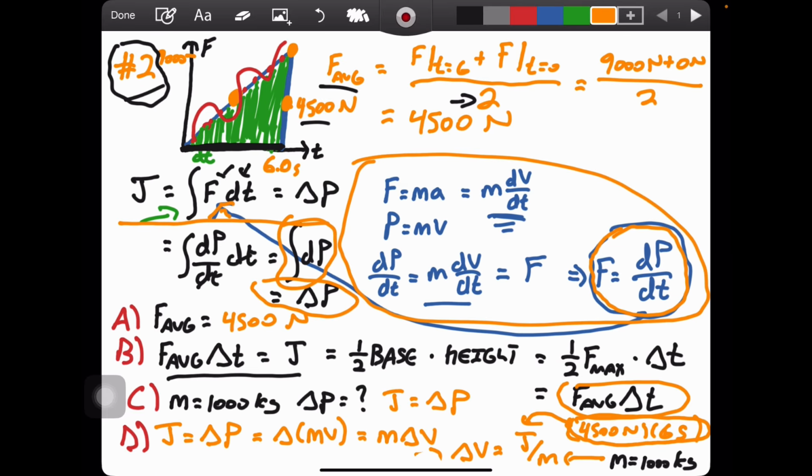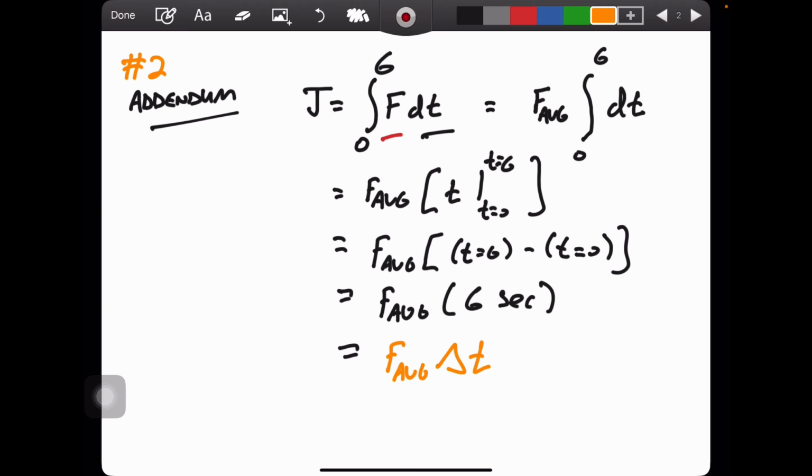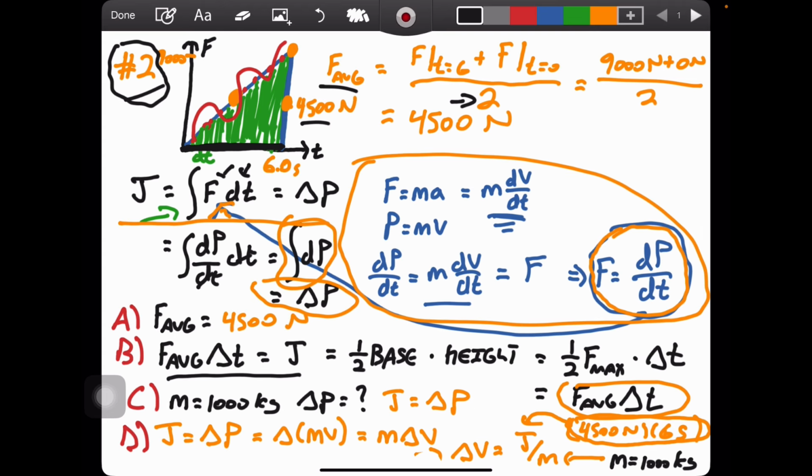But I also wanted to show you how you can solve this symbolically. And just to close the loop here, you could think of this term right here, f average, as 1/2 of the base of our triangle, where this blue line right here is the base. So 1/2 of the base, 4,500 newtons.